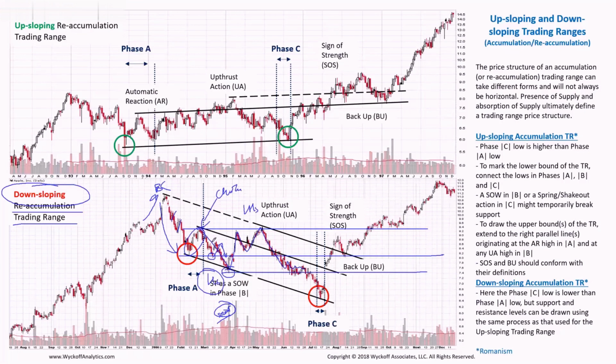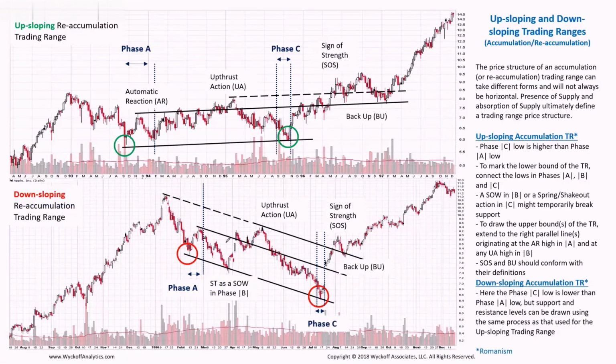But at the same time, we would be maybe thinking we have lower highs, we have lower lows. This is the scenario where, in this type of trading range with the lower highs, lower lows, we might be considering a downsloping structure. So we would define the lows, 1, 2, and then have this downsloping line, and then we could use significant Wyckoff points to define the next lines that we need to use, right?